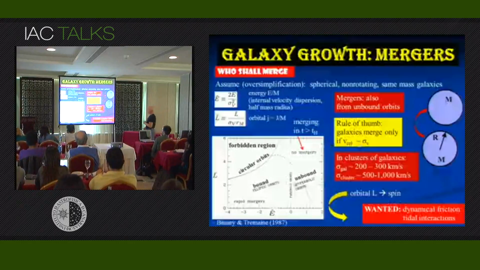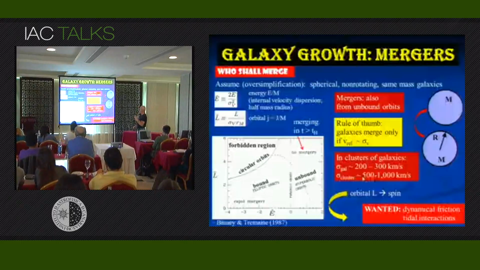So what I want to highlight is that mergers are possible from unbound orbits also, not only from bound orbits.